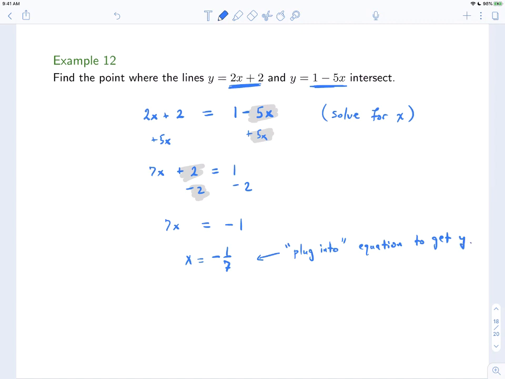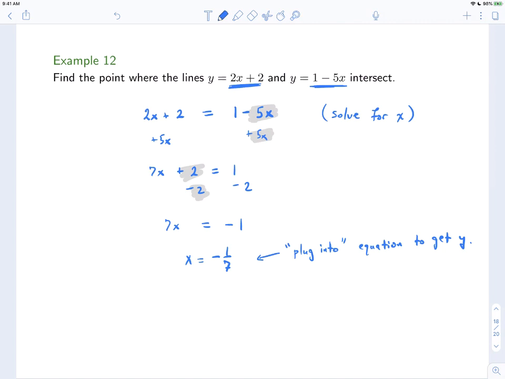Now when I say the equation, which equation do I mean? Either one of these. The whole premise here is that this y value is the same as that y value when x is negative 1/7. So it doesn't matter which equation I pick, it should give me the same thing.